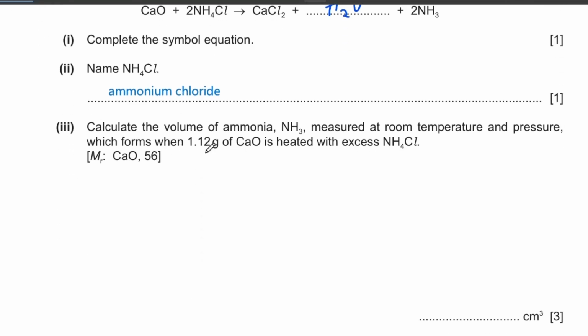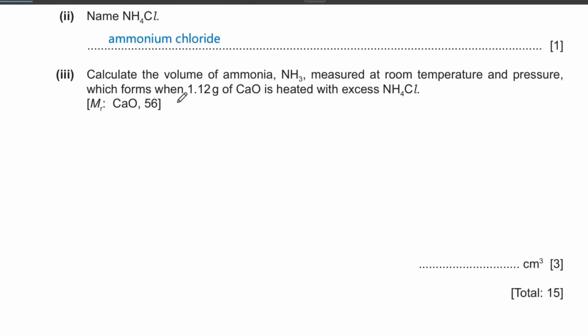Next question. Calculate the volume of ammonia measured at room temperature and pressure, which forms when 1.12 gram of calcium oxide is heated with excess ammonium chloride. The molar mass of calcium oxide is given to us as 56. We want to calculate the volume of a gas at room temperature and pressure.